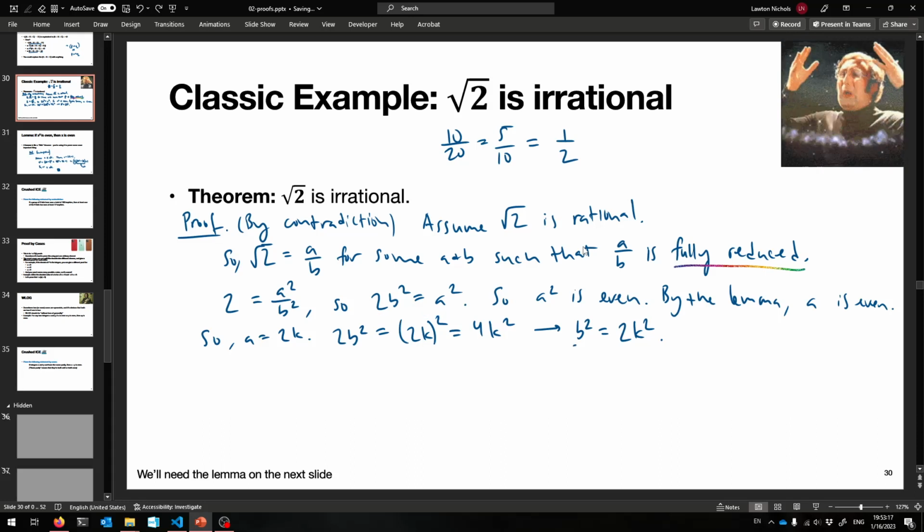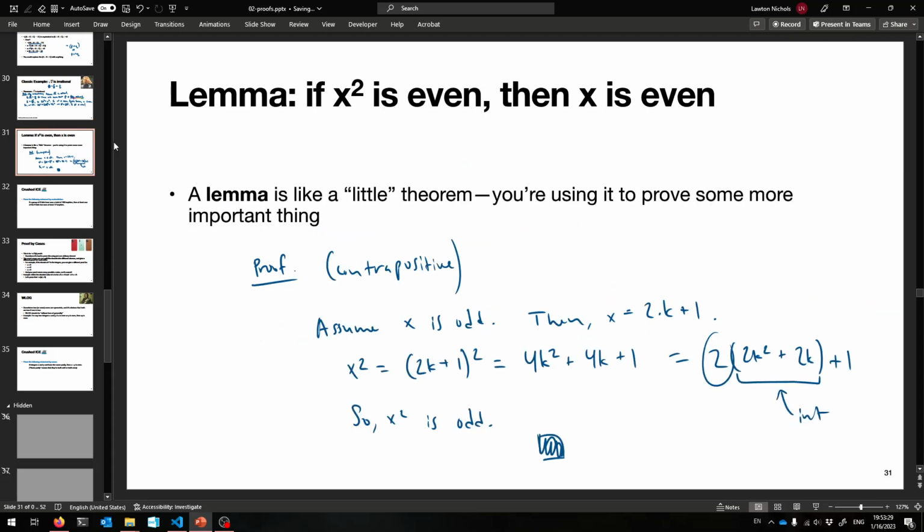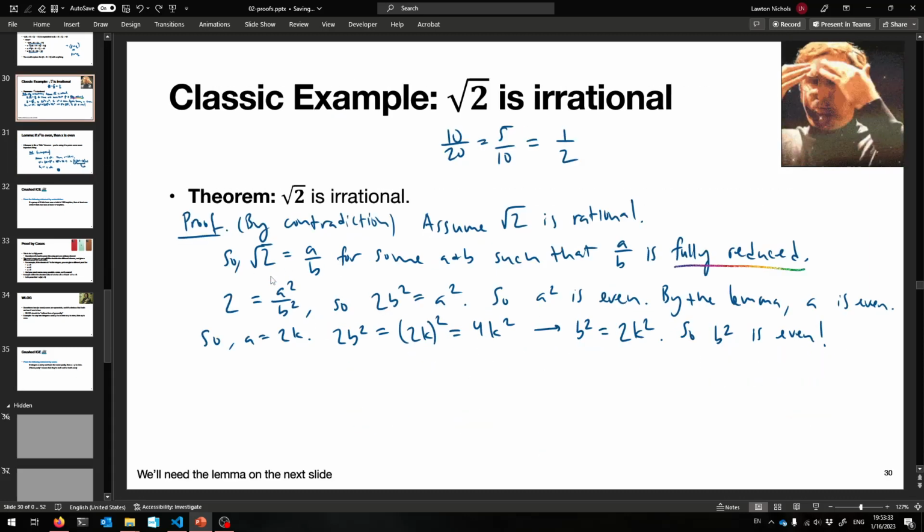I have b squared is equal to 2 times some integer. Ooh, b squared is even. By the lemma, b is even. Do you see the problem now?